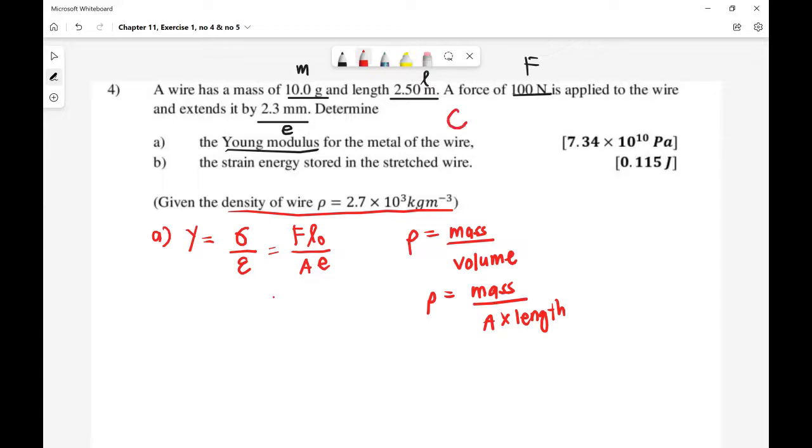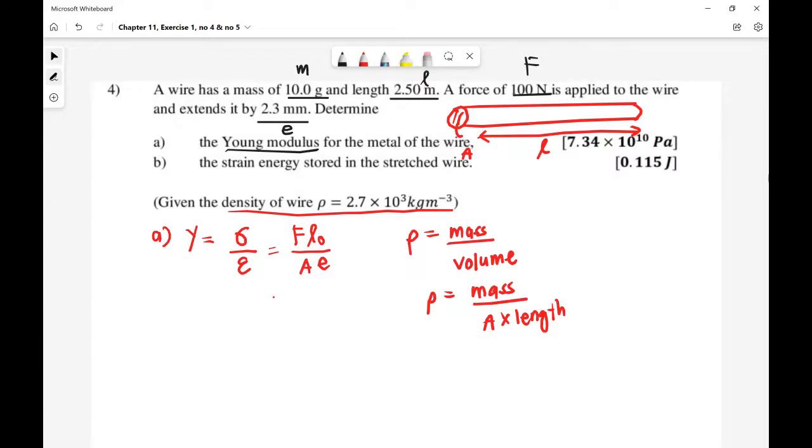Ni adalah wire. Kat depan ni adalah cross sectional area A, dan yang ni adalah length of the wire.